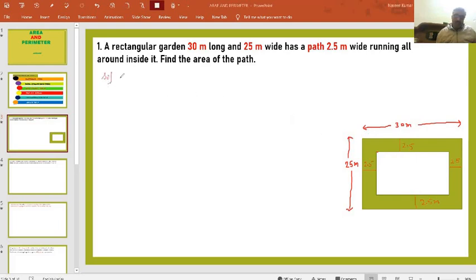Now let LO is equal to length of outer rectangle.